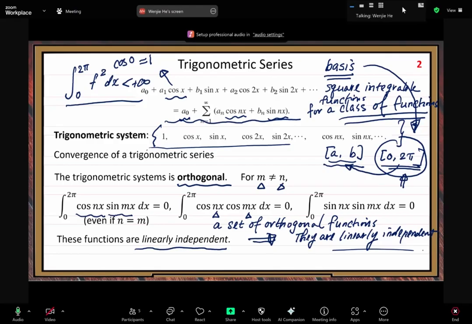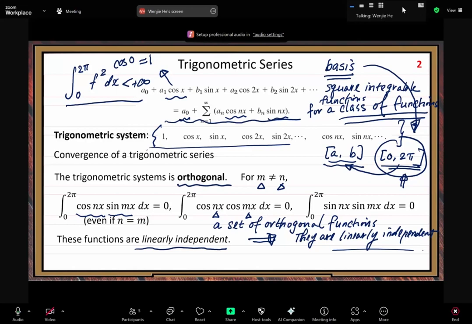So the stronger one implies the weaker one. Linearly independent is weaker than the orthogonal property. So this is stronger, because orthogonal, every two, if you take, 0. If you want to prove it, very easy.